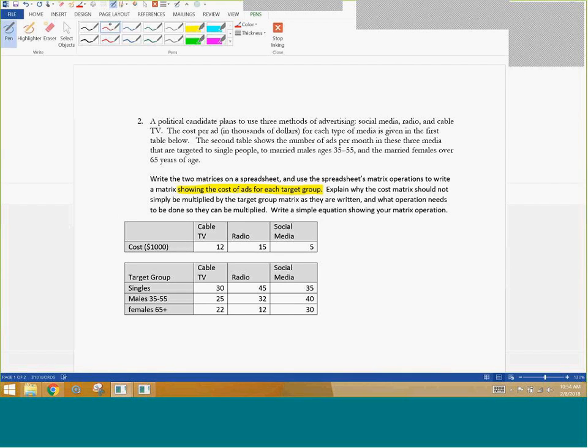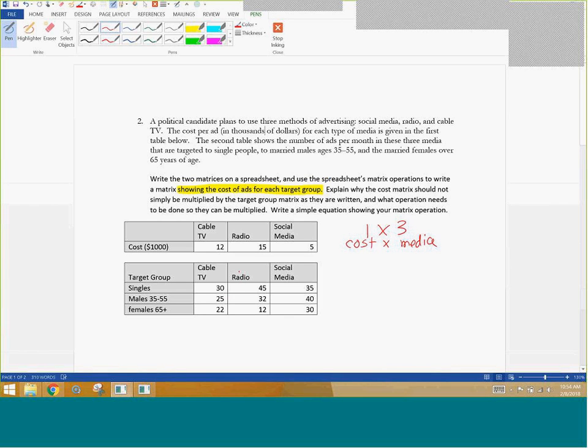What you always want to do with matrices is write out the size and the description of each row and column. So the first one is a 1 row by 3 column matrix, but I also want to note that this is a cost by media matrix.